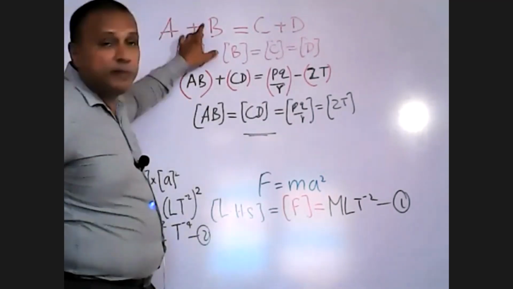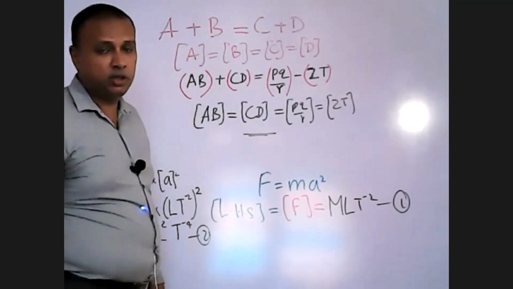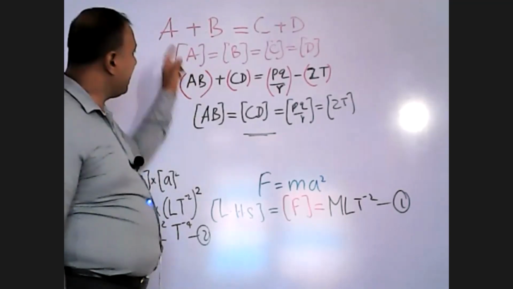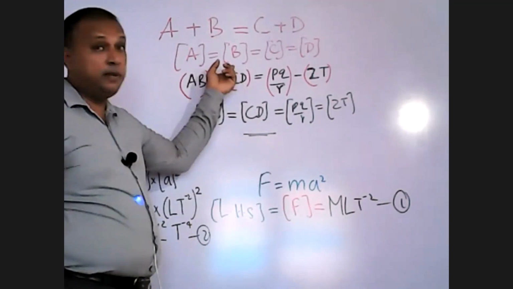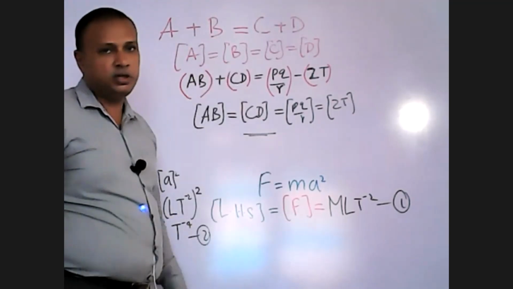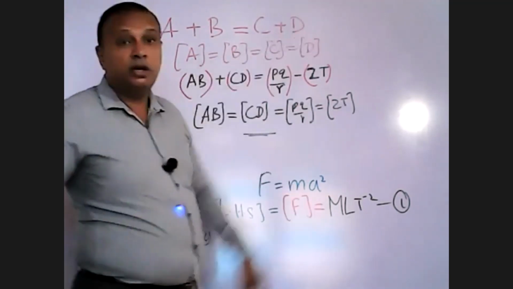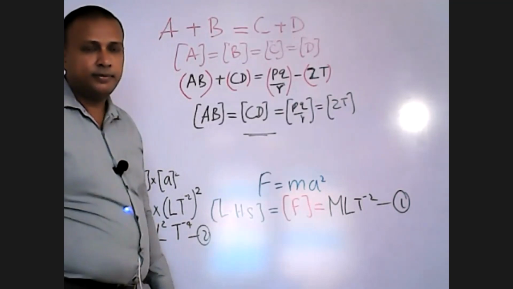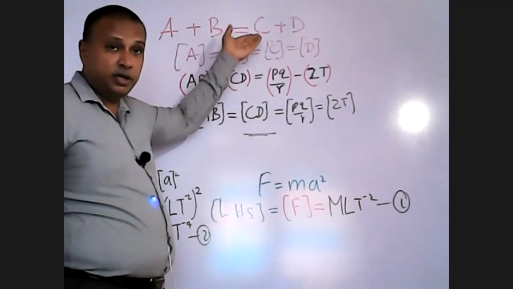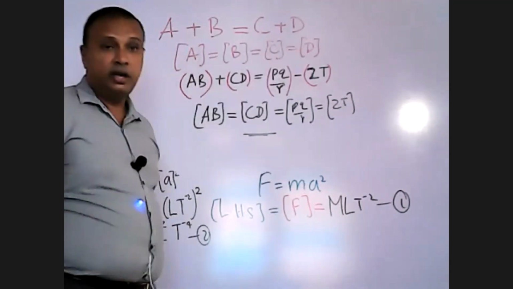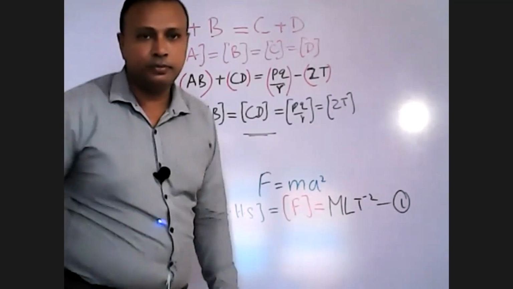If they are connected with a plus sign, both should have the same dimension. Dimension of A equals dimension of B. Then dimension of C should be equal to dimension of D. As it is an equation, the dimension of every term should be equal.